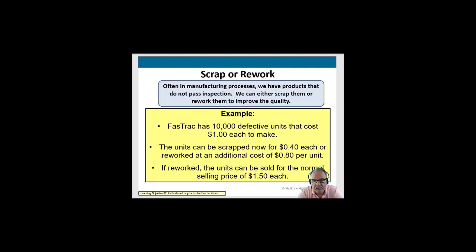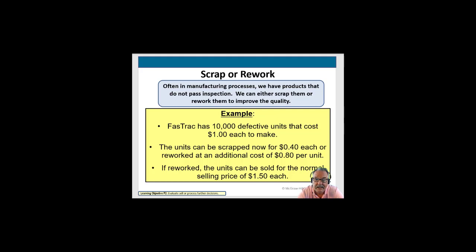Scrap or rework. This is a situation where we have a defect in one of our products that we have already made. So we have some sunk cost where we've manufactured this product, and maybe it has a cosmetic problem where it's got scratched, or something happened in the production process, and so they're not exactly right.